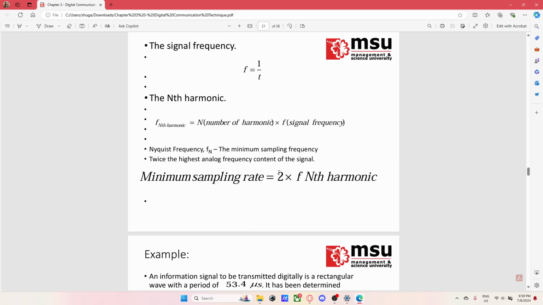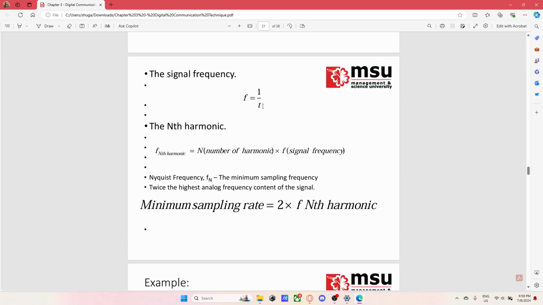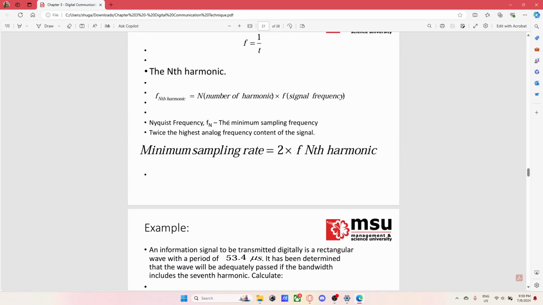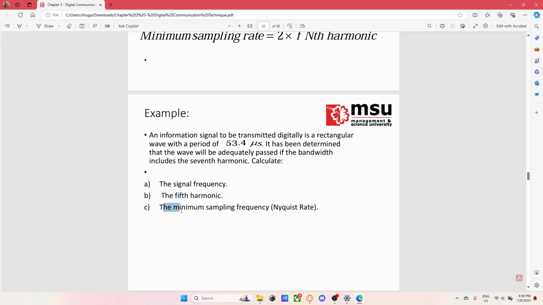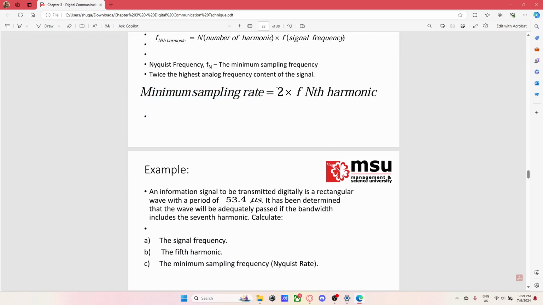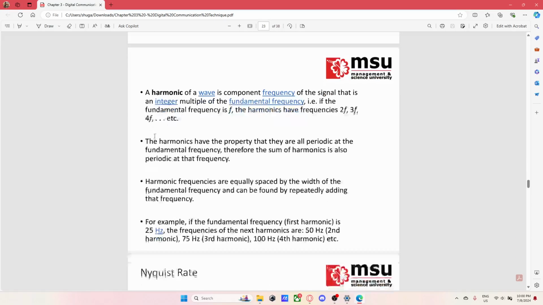So for your fifth harmonic, you just use this equation, equal to n times f, the f we have found just now. So n should be 5, so 5 times this value that you have calculated. The minimum sampling frequency, the Nyquist rate, is this: you just multiply the value you have found for the nth harmonic by 2, and you will get your minimum sampling rate.